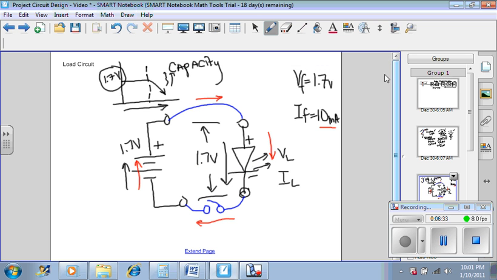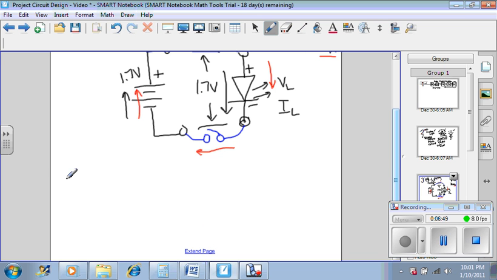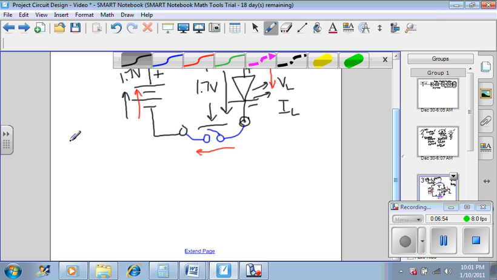Now this is nice, but you probably will not be able to find a battery or a power supply that's exactly 1.7 volts. So you probably will find power supplies with values such as maybe 5 volts, maybe 3.3 volts.